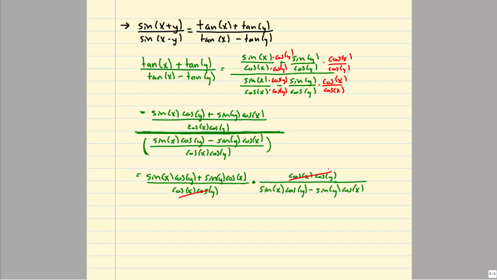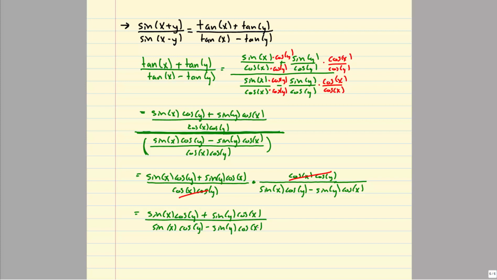Now these cancel, so that's making things a little simpler here. And then my numerator is sine x cosine y plus sine y cosine of x. And hopefully this is looking like an identity that we learned today. Over sine x cosine of y minus sine of y cosine of x.